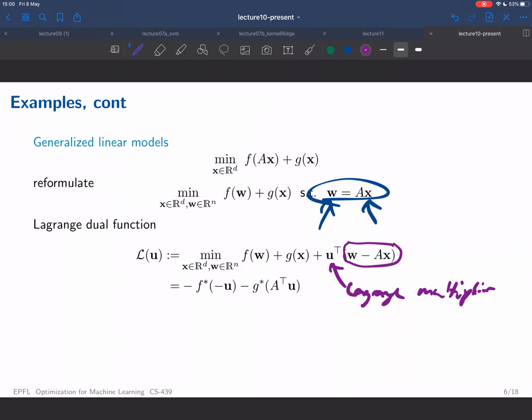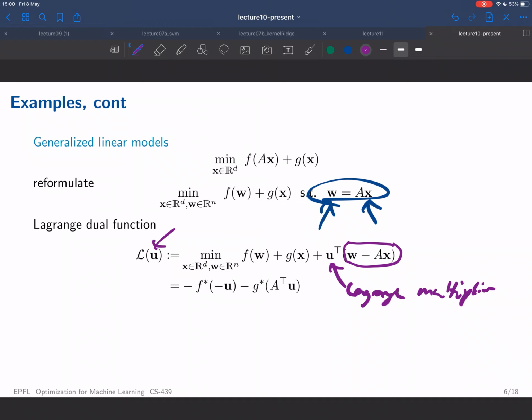Alright, so nothing has happened here, except that now we have the Lagrangian formulation, where we still have to figure out how to find u. We're going to find the best u in a second, but before that, we want to understand what this has to do with the conjugates.